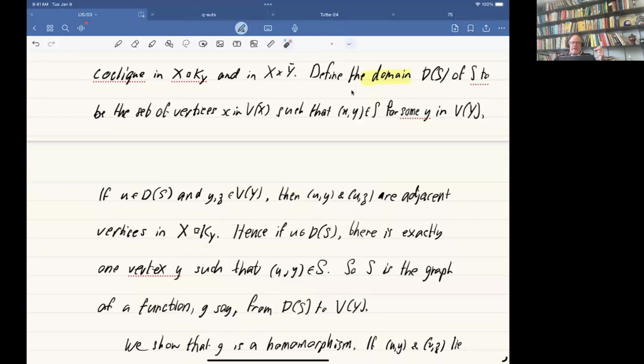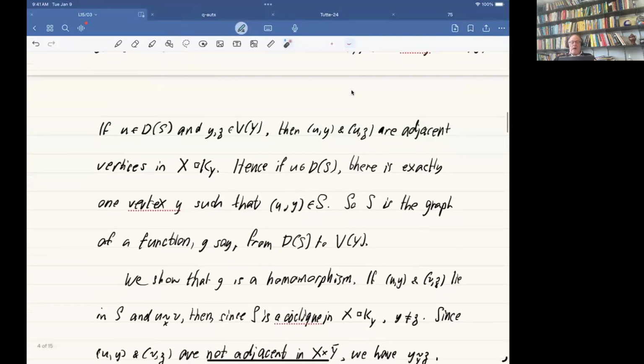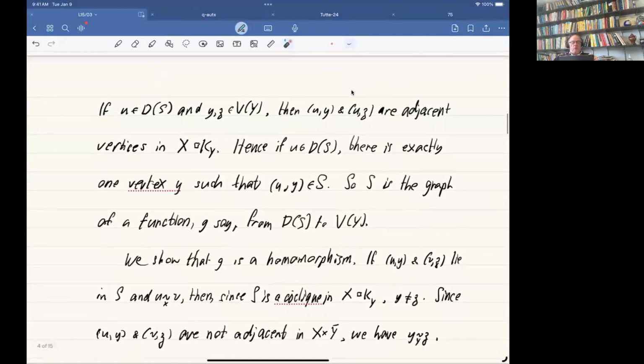Each vertex in X gets mapped to one point in Y and not two or more. So it's the graph of a function from its domain to the vertices of Y. A little bit hard to keep straight, but we define the domain, and we claim that S gives us a function from the domain into Y.